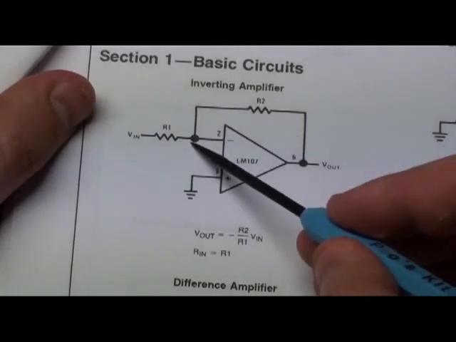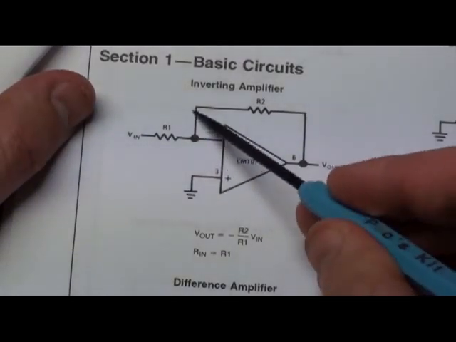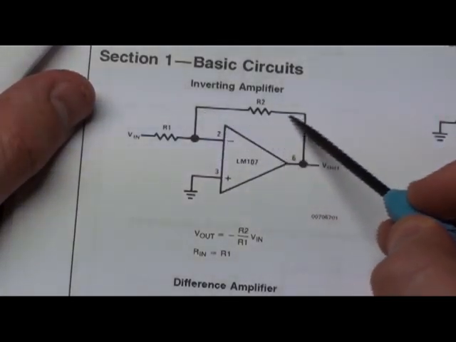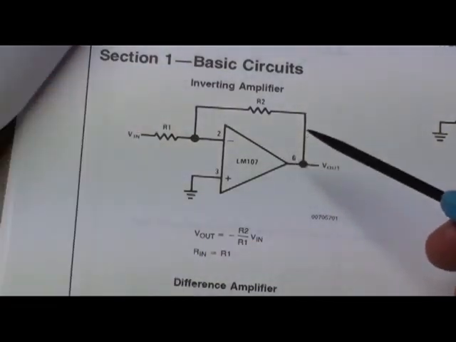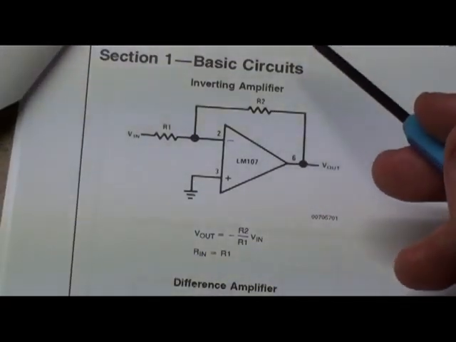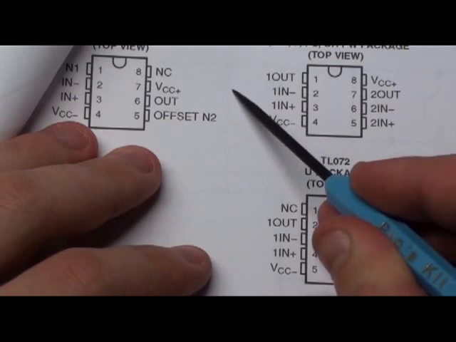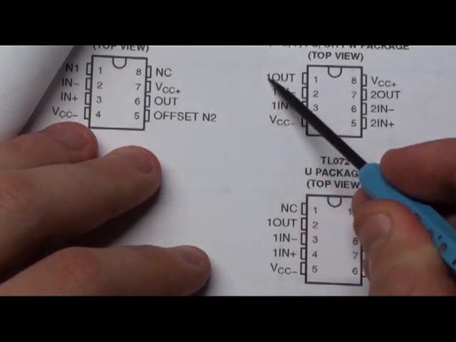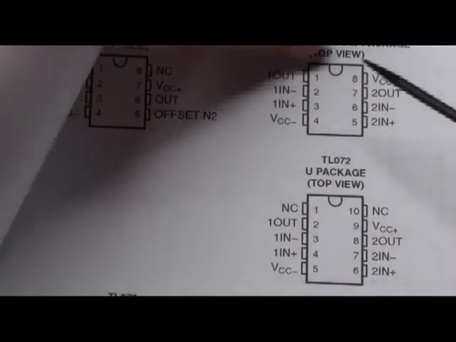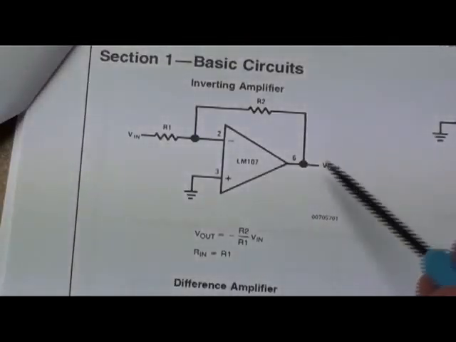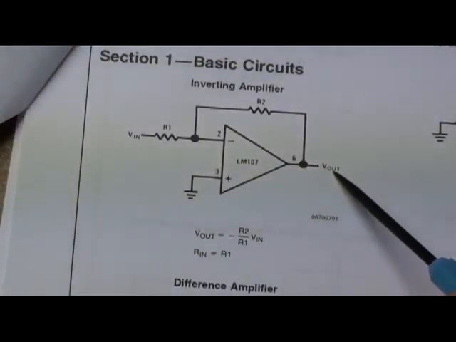Then we have minus into a resistor and then into the output. The signal we're interested in is V out.